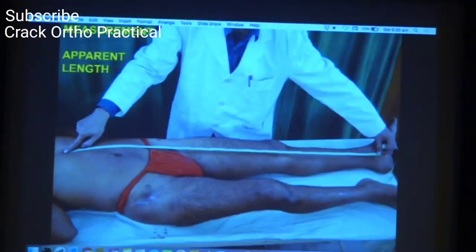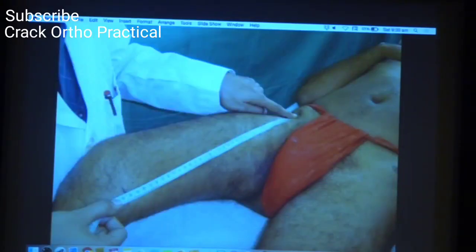So xiphisternum to medial malleolus, this is apparent measurement being taken, limbs parallel to each other. And this is the true measurement being taken from the anterior superior iliac spine to the medial joint line. This is the affected side, and with the pelvis square, the two ASIS are at the same horizontal line.